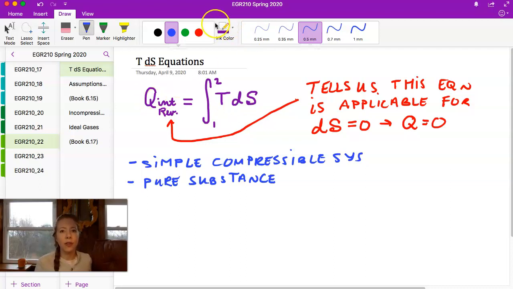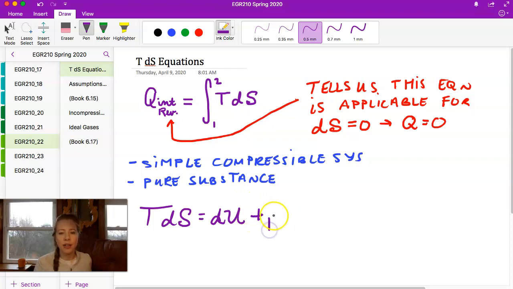And so the TdS equations that we derived under these assumptions were that TdS is equal to the change in internal energy plus PdV, pressure times the change in volume.